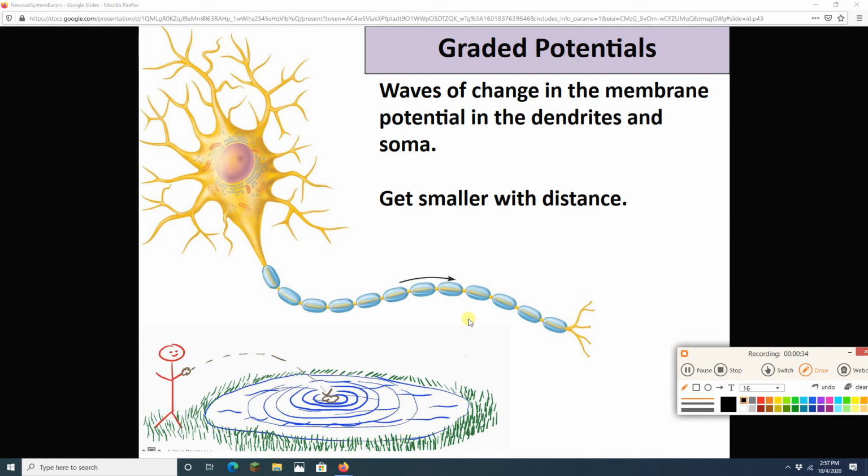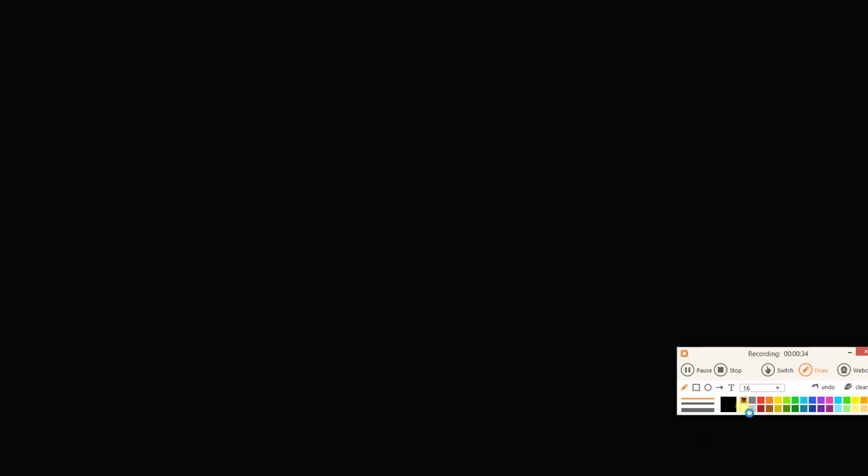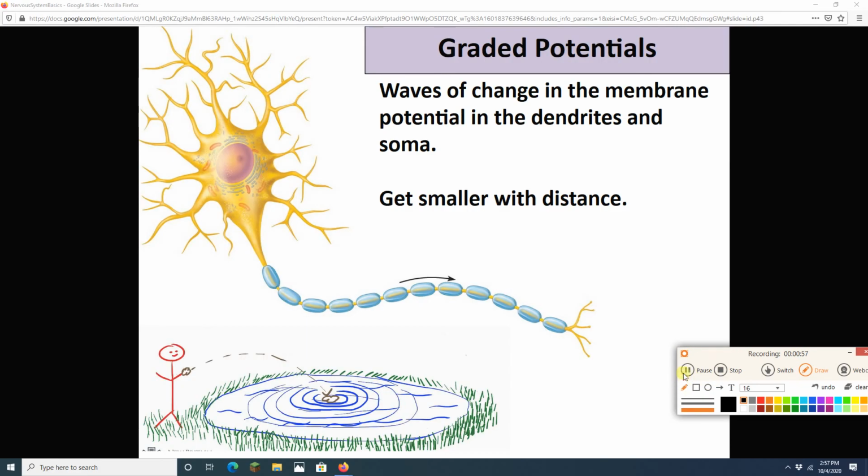Something else about this neuron we have to be aware of is that it has this characteristic called a membrane potential. Neurons that are not actively signaling are going to have a membrane potential of about negative 70 millivolts. This is due to the action of the sodium potassium pump.